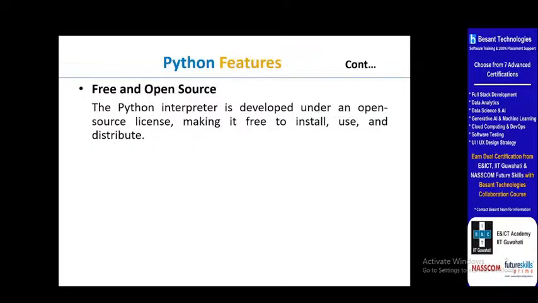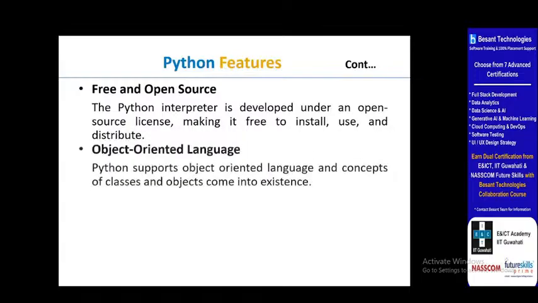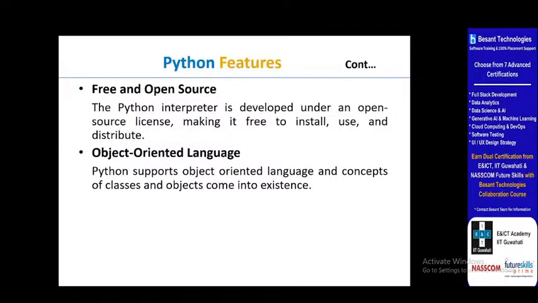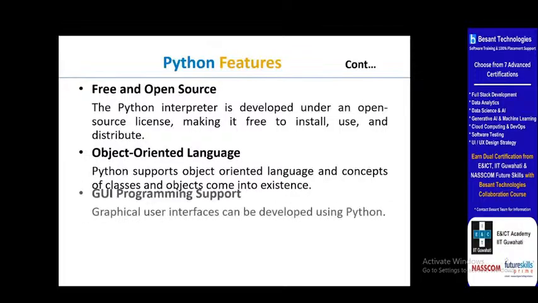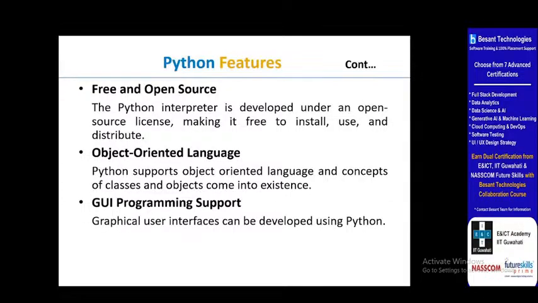And it's open source. You can go to the Python website and easily download it without paying anything. So it's open source, free and open to all. And it's object-oriented, which is the OOPS concept. It's actually procedural as well as object-oriented programming, all because of objects.